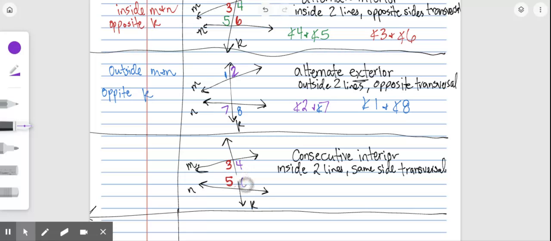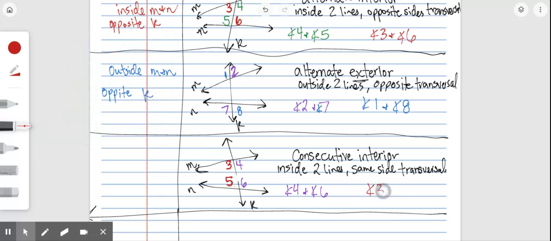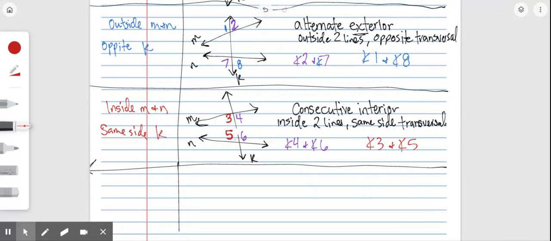So angles 4 and 6. And then angles 3 and 5. So inside M and N and on the same side of K. All right, so these are all of our different types of angle relationships.